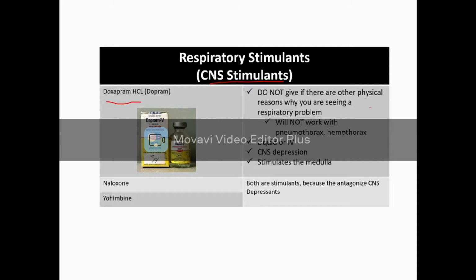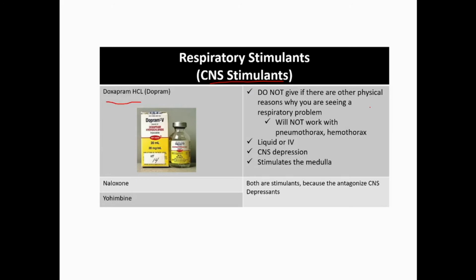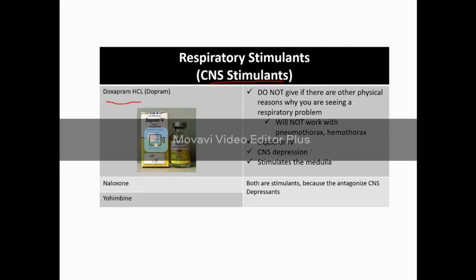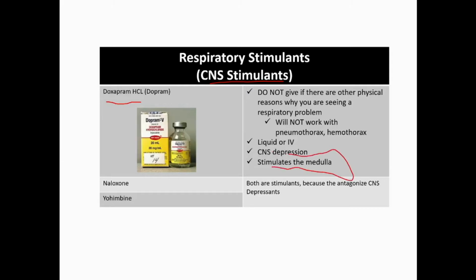So pneumothorax, where we have air in the thorax, or hemothorax, where we have blood in the thorax that keeps the lungs from expanding. It's not going to work. It's a liquid or IV medication. It causes CNS depression. So even though it is a CNS stimulant, it only works primarily in that medulla, so the rest of the CNS will be depressed, but it stimulates the medulla.